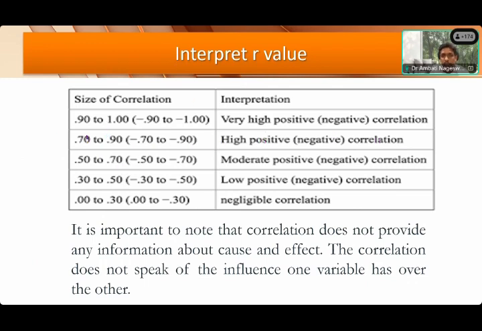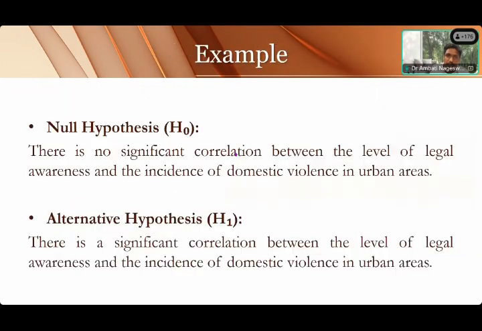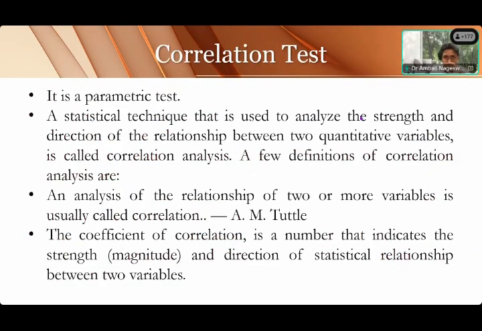The strength of the relationship depends on the test value, the R value that you get. Based on that, we interpret whether it is a high positive or high negative correlation. Here I just want to highlight that the main objective of the correlation test is to help us understand the strength and direction of the relationship between two quantitative variables. It is known as the correlation test.